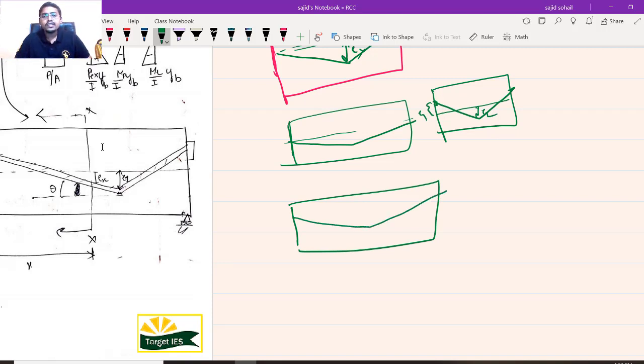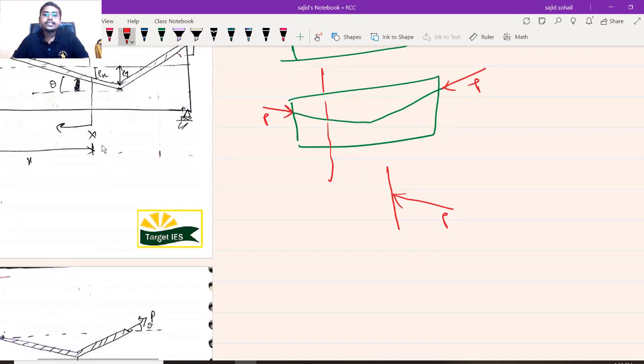So let us say this is how I have a steel bar, the steel mesh, and obviously there will be pre-stressing force P acting like this. So what am I doing in this concept? See carefully. If I take a certain section, at this section my pre-stressing is acting something like this. Let us take the components of it.